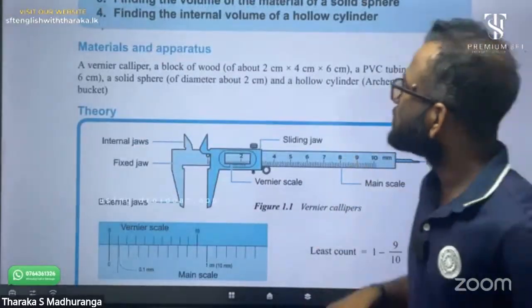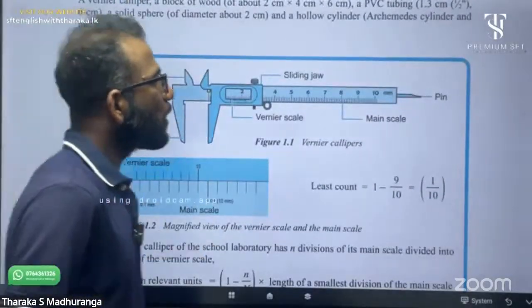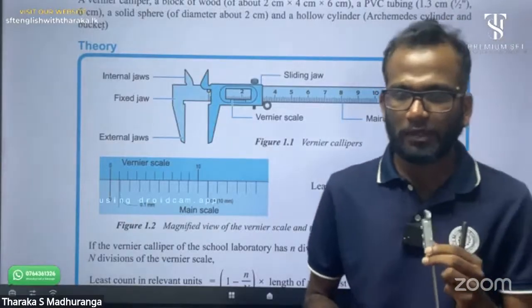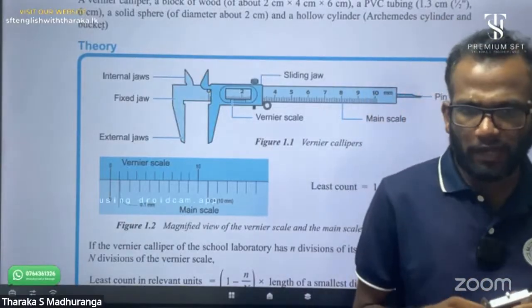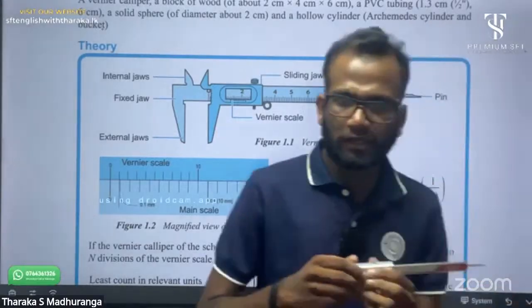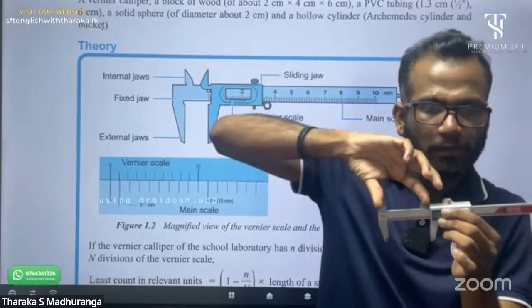The vernier caliper. These are the main parts of the vernier caliper. I think you can remember what the parts are. Let's revise. What is the name of these jaws?